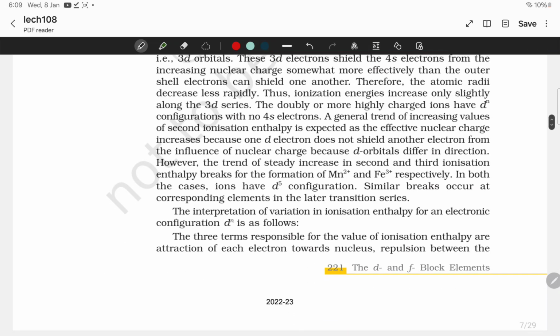However, the trend of steady increase in second and third ionization enthalpy breaks at the formation of Mn2+ and Fe3+ respectively. In both cases, ions have d5 configuration. Similar break occurs at corresponding elements in the later transition elements. So they are telling many things.